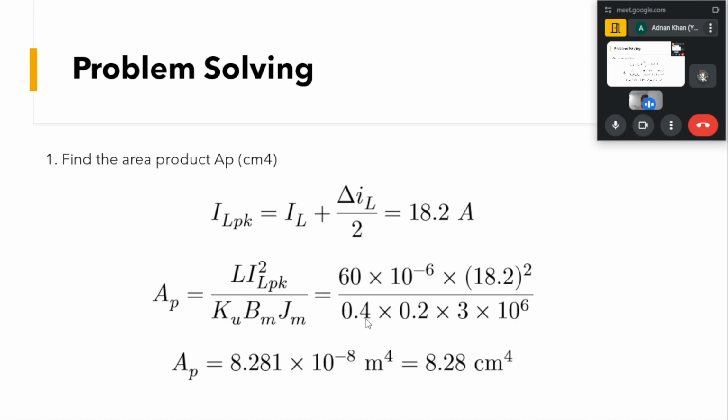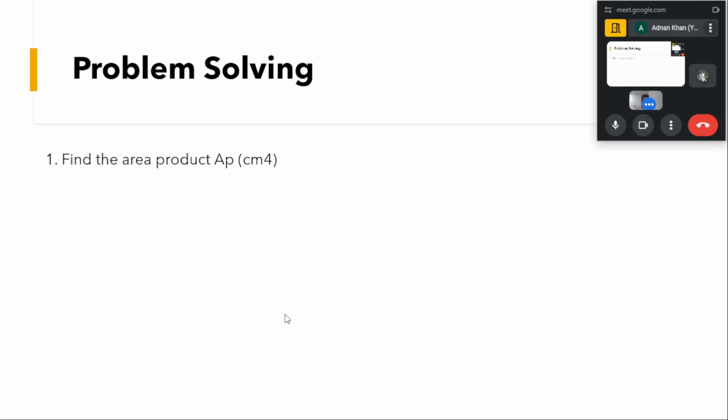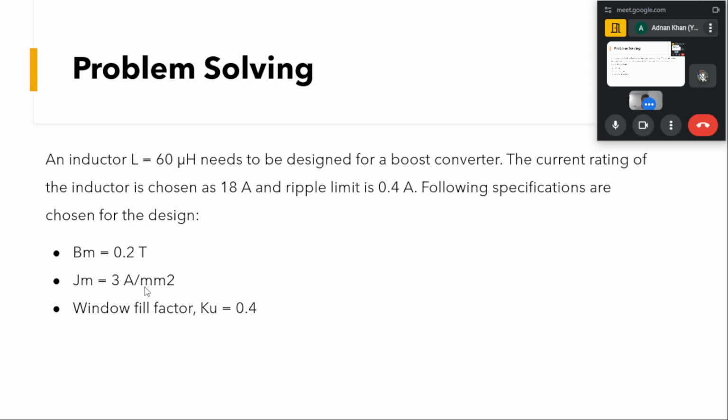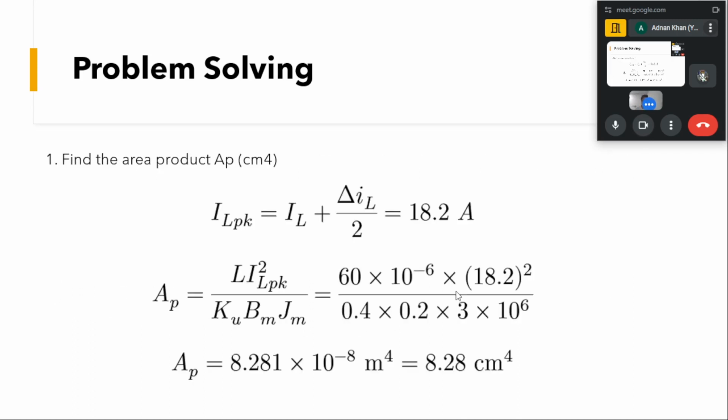KU is 0.4, BM is 0.2 Tesla, which is already in SI units, and JM is given as 3 amps per mm square. So we have to convert it into the SI unit, that is 3 into 10 raised to power 6 amps per meter square, and L is 60 microhenry, that is 60 into 10 raised to minus 6. Now the unknown to us is IL peak.